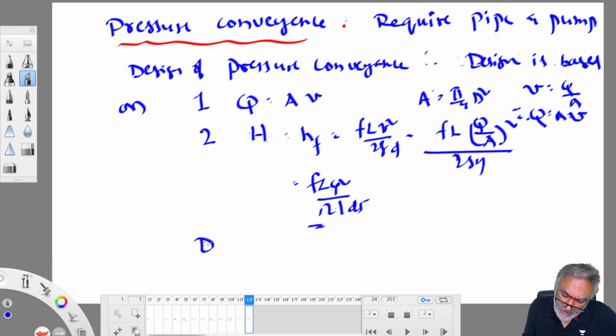One is the diameter of the conveying main, another one is head loss. Once the diameter is known, then finding head loss is no difficulty at all.